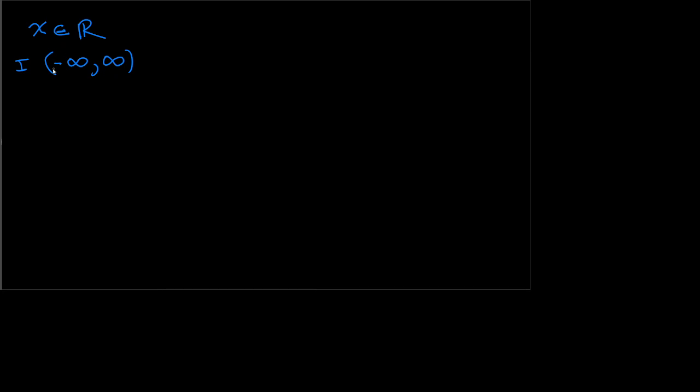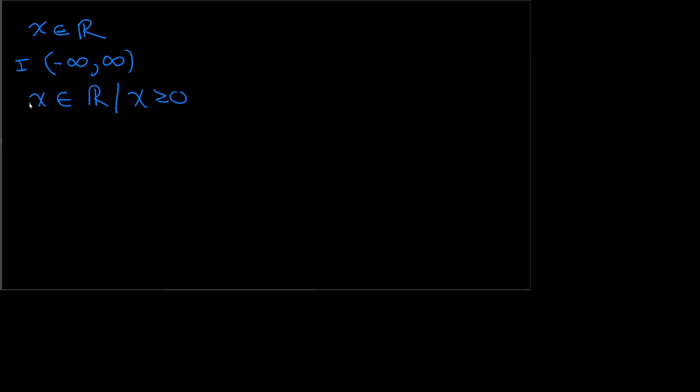And note, open brackets, because you can never get to infinity, they are always an open bracket. And the nature of a bracket is important here. We can have a different type of domain. I could say that x exists in the set of all real numbers such that x is greater than or equal to 0.